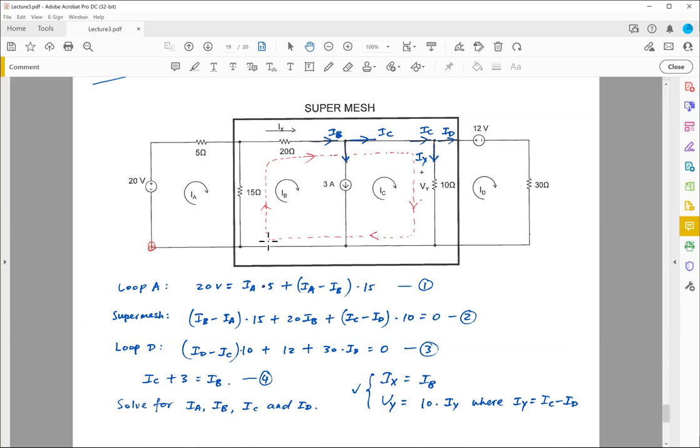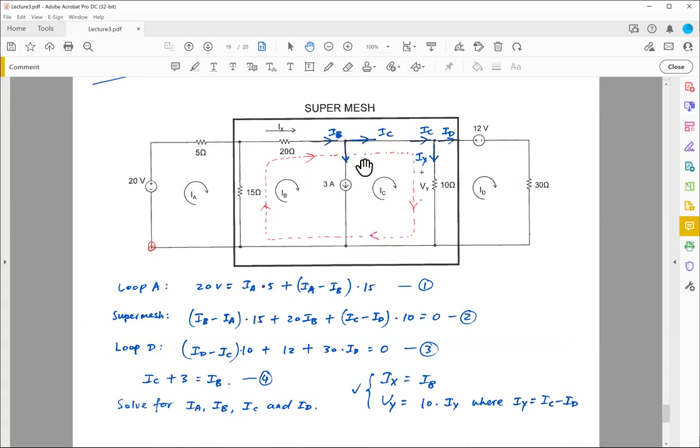So now I'm going to have to extend my loop a little bit more. So my starting point is still on the bottom left. So I go up, passing through this 50 ohm, part of the loop, passing through this 20 ohm, part of the loop, go all the way to the right, right? Because I know I cannot go here, right? This path here is undefined, right?